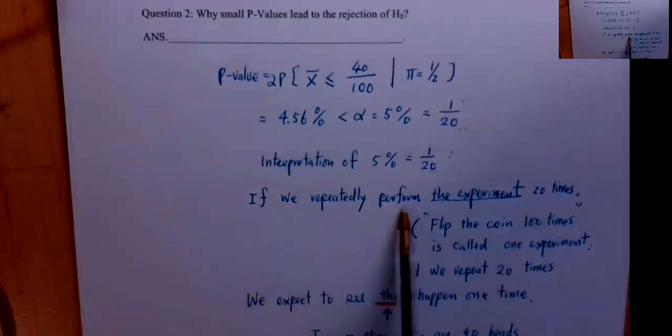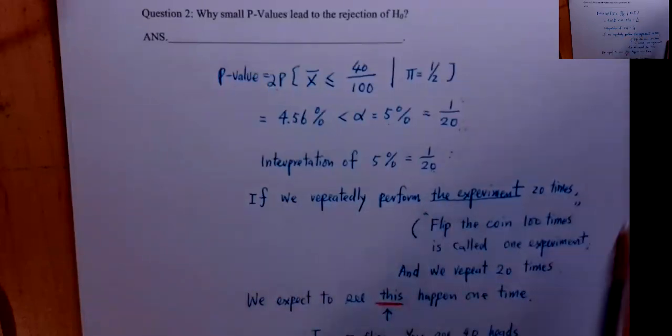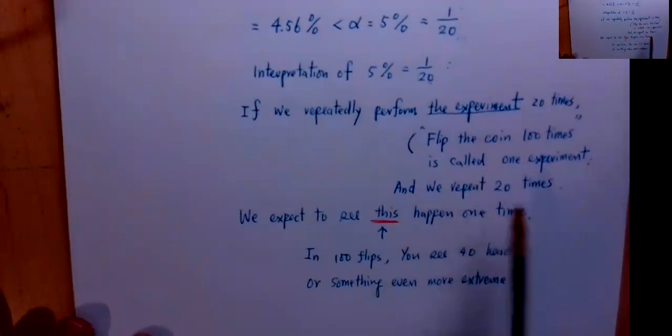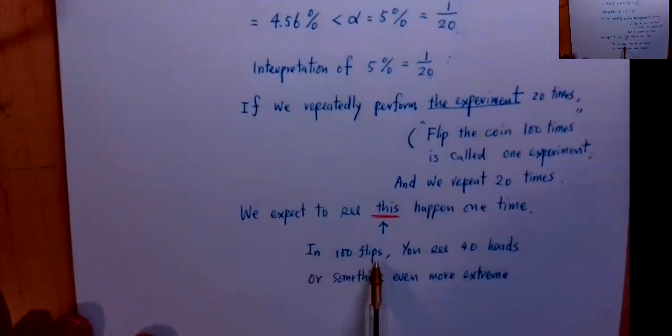If we repeatedly perform the experiment 20 times, we expect to see this happen one time. And what is this? This is, in 100 flips, you see 40 heads or something even more extreme.